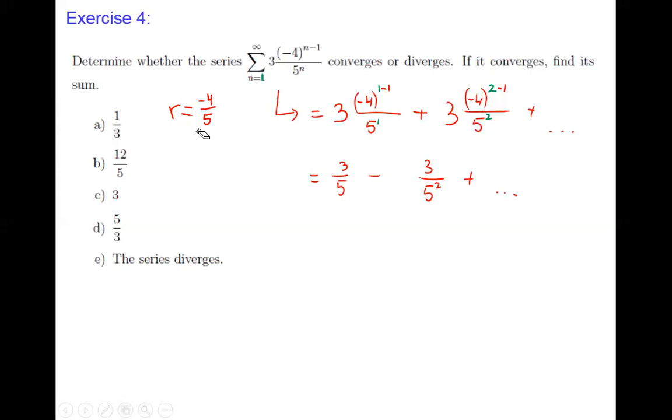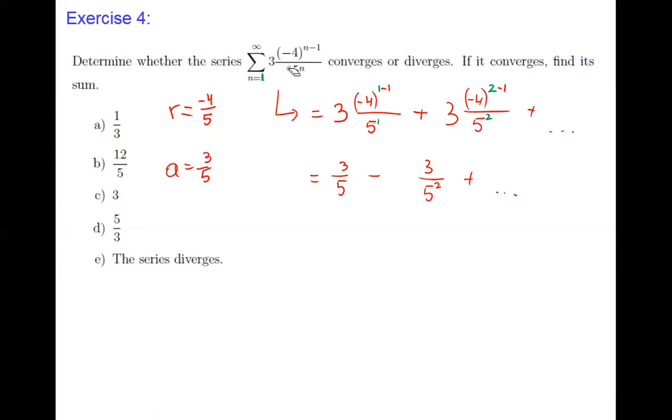But one more time, to avoid this arithmetic, you may just pull out the numbers taken to the power of n, negative 4 and 5, numerator and denominator. And my first term, actually, that was my point, is 3 over 5.